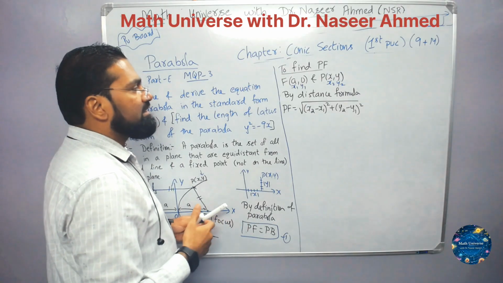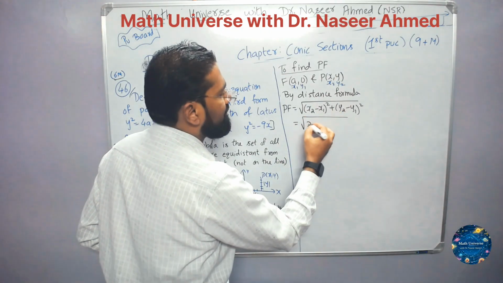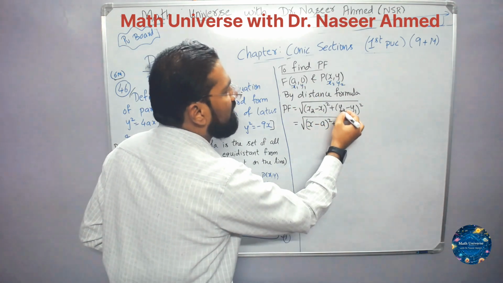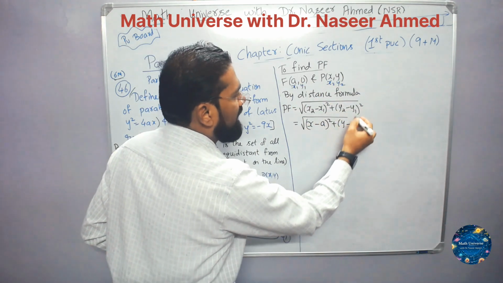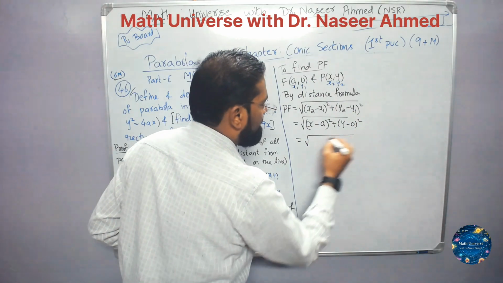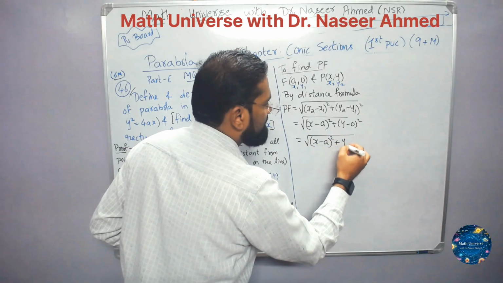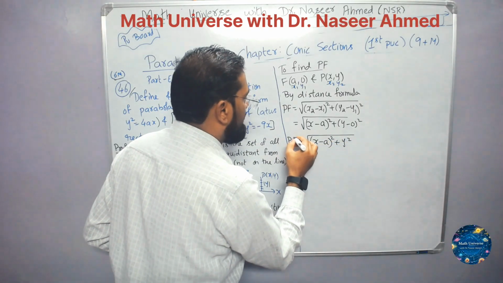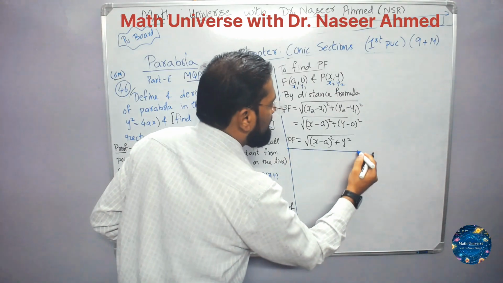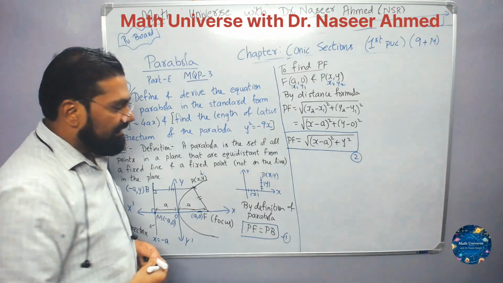Now if I substitute here, we are going to have root of x2 is x minus x1 is a, the whole square, plus y2 is y minus y1 is 0. So (x minus a) the whole square plus (y minus 0) is y square, and this is our PF. So we have found the left hand side expression PF, equation number 2.